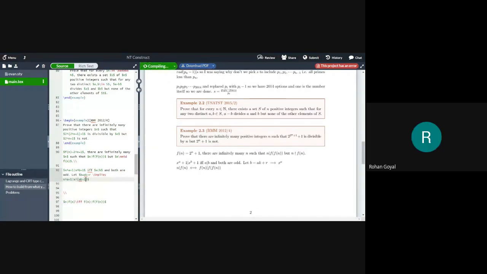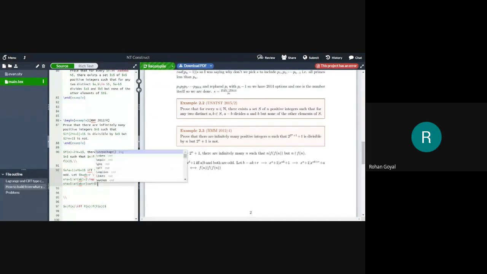Sorry, this is plus 1 here. This implies x to the a plus 1 divides x to the ak plus r plus x to the r. If the other thing is true, then x to the a plus 1 divides x to the r. So these types of short lemmas we have to prove in the exam.